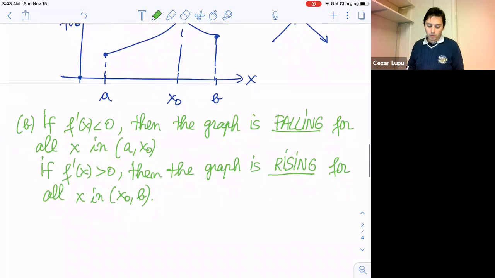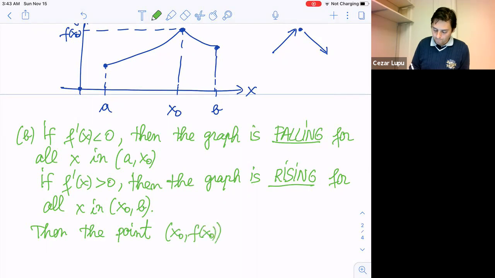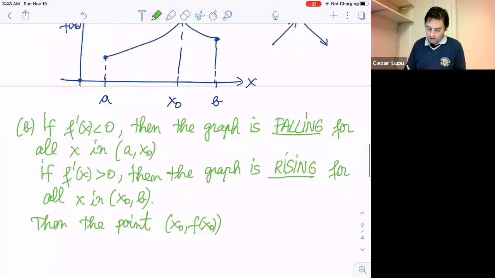And then at this point we can say that the point x naught, f of x naught is a relative minimum.